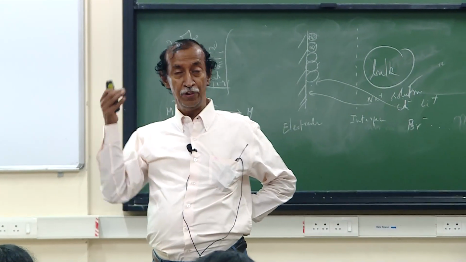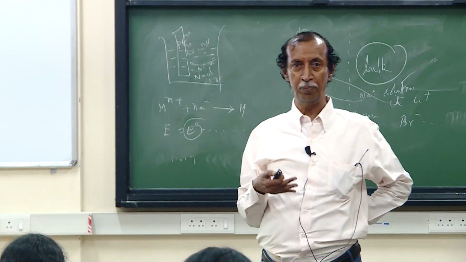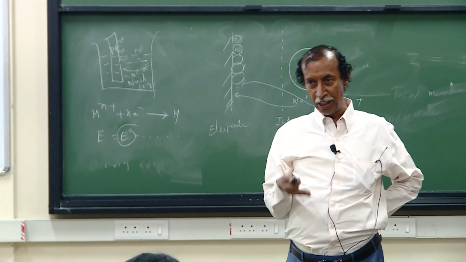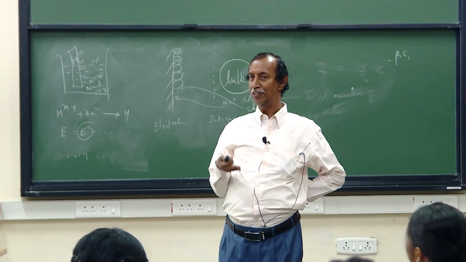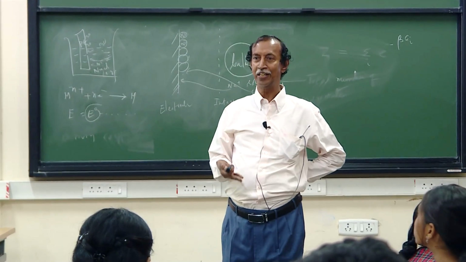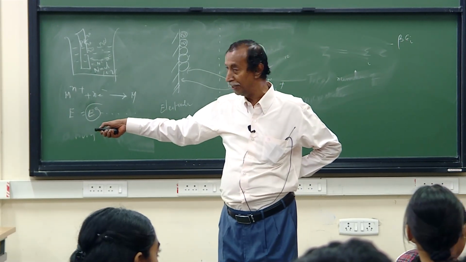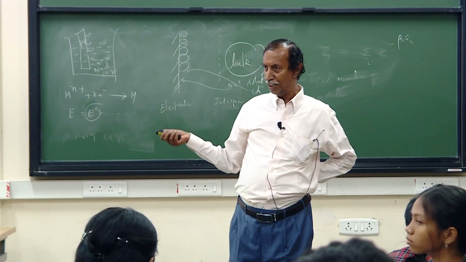Without the Tafel equation, no energy storage device can be built, because the Tafel equation gives the way the anodic current changes, the way the cathodic current changes, where the total current will come, and the efficiency of the process. I will write the Tafel equation after a few minutes.